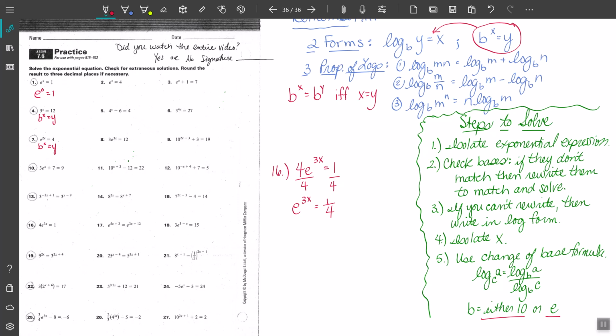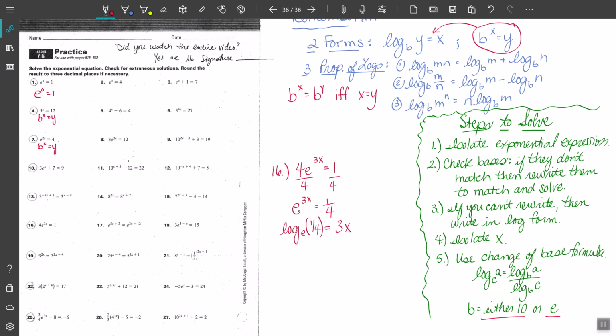So then we're going to rewrite this expression in logarithmic form. That would be our log base e of 1/4, I'm going to keep that in parentheses, equals 3x.